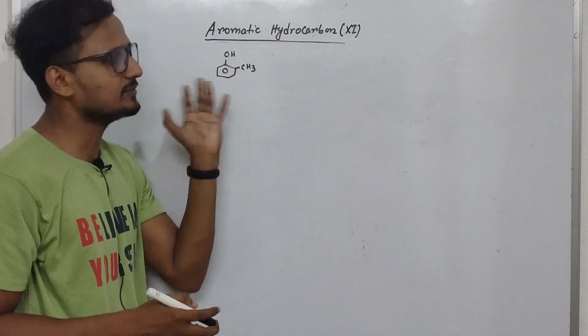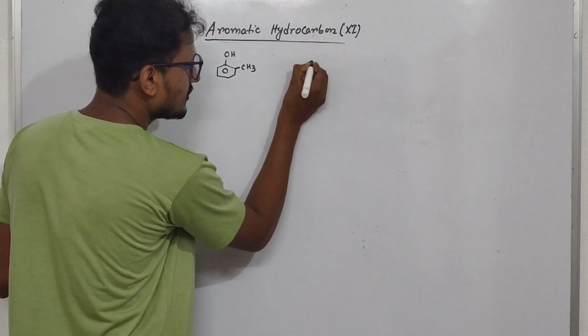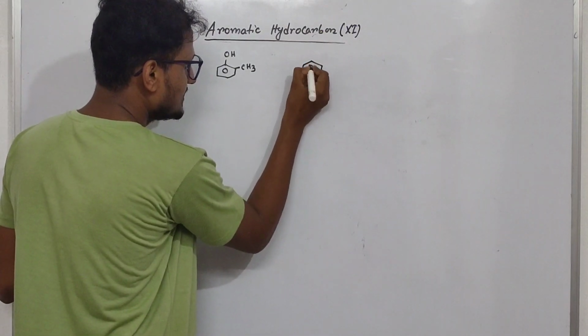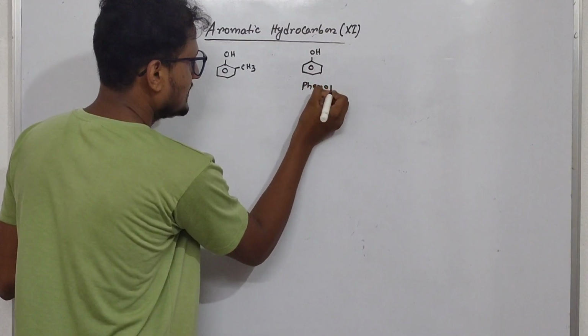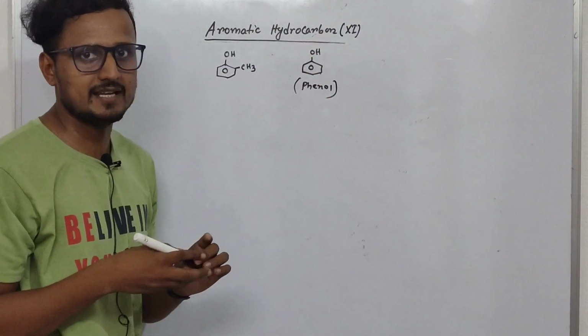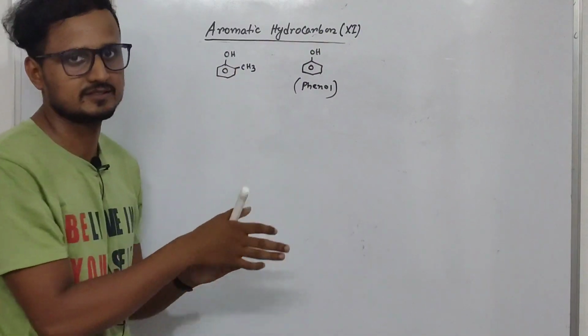Now we can give the name of this compound. Okay. Now how to give the name of this compound? When benzene has OH, we say phenol. Now phenol is the base, and in its neighbor position a CH3 group is there.